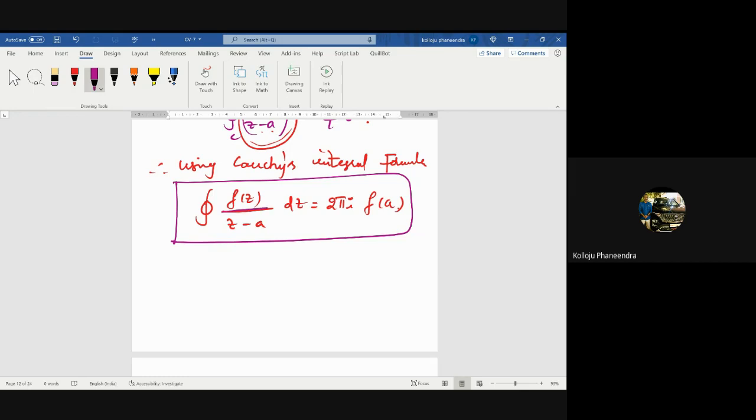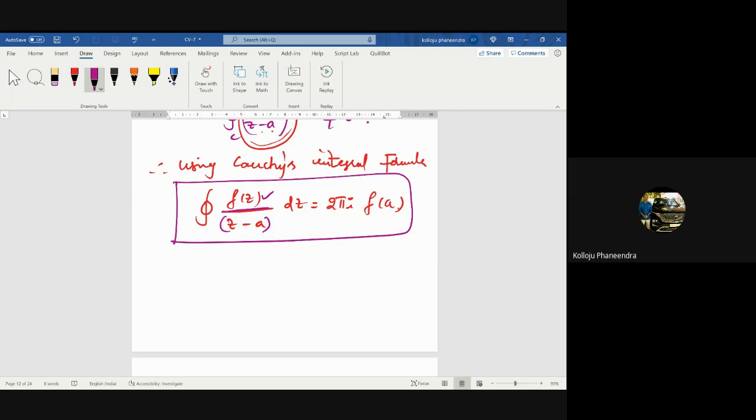Remember this formula. Listen carefully once again to the fraction structure: f of z by z minus a only. Not z square minus a square, not z minus a whole square. The standard structure is f of z, and in the denominator it must be z minus a only.